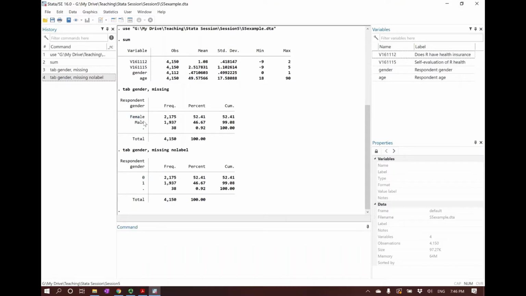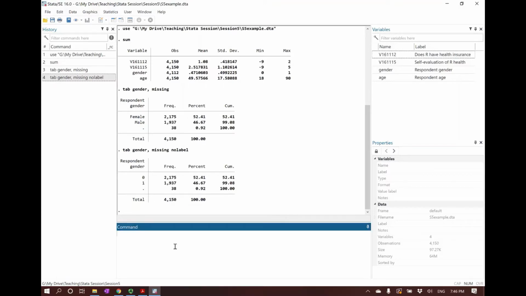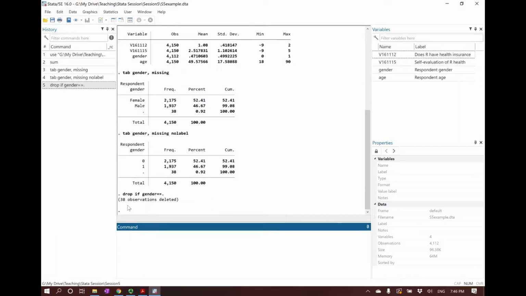So actually the variable name is better called male, because in our case, male is assigned a value of 1. Now I'm just going to drop the observations that are missing for gender. So I'm going to drop if gender is missing. Click enter, and 38 observations are deleted.